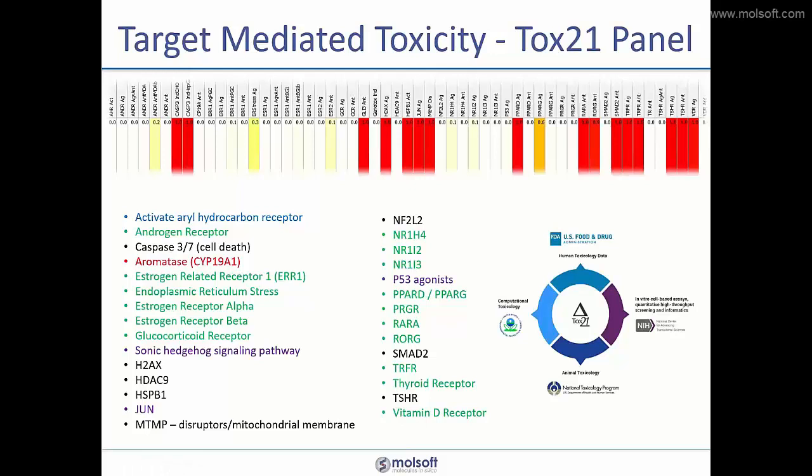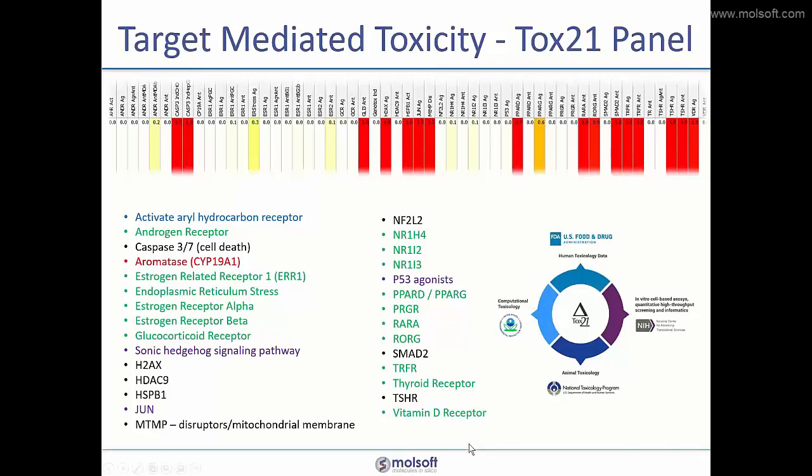So this is a good one to keep an eye on as well, and it is in the panel. There are also some kinases and some tumor suppressors in this panel that you want to be careful not to hit as an off target.